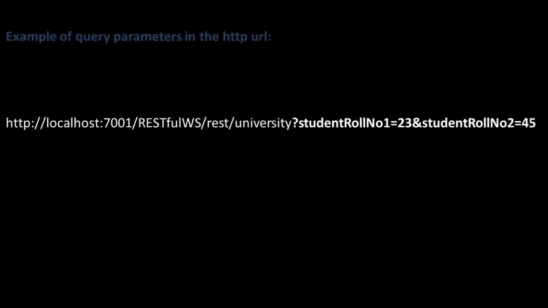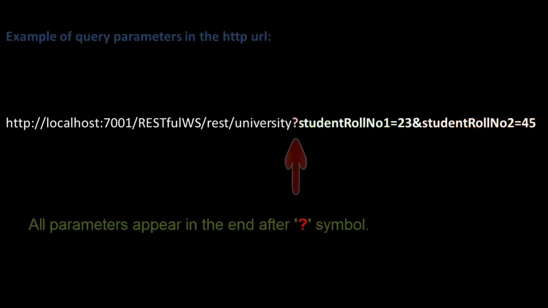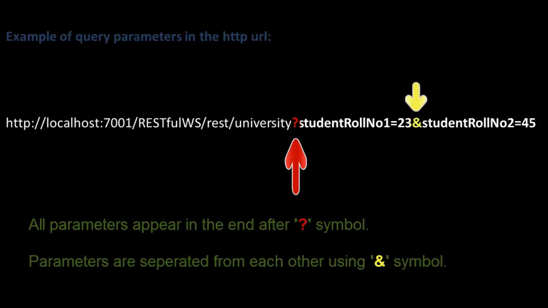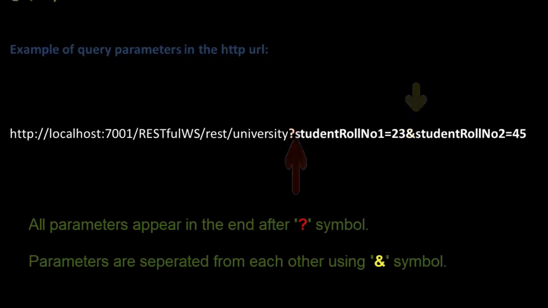For example, in this URL, the client has passed two parameters, 23 and 45. If the parameters are passed in the URL and listed in this particular fashion, that is, all parameters appear at the end after the question mark symbol and one parameter is separated from the other using the ampersand symbol, then those parameters are known as query parameters.